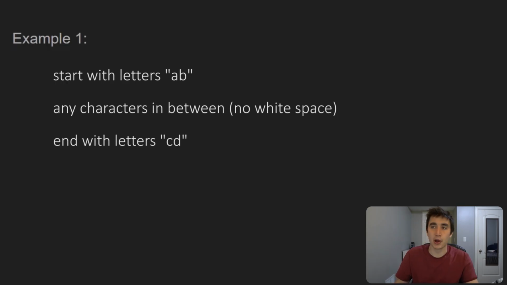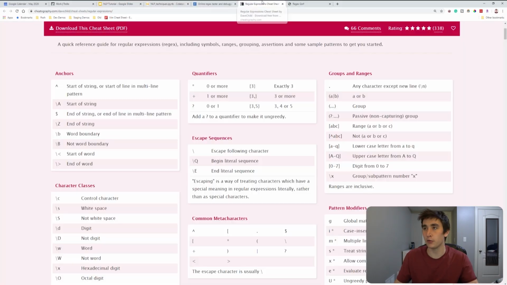Whenever I'm working on a regex, I usually start by looking at a regex cheat sheet to remind myself of what we can do. I'll link this in the GitHub page for this tutorial. A page like this has all sorts of useful tidbits. Ultimately, what we want is exactly AB, which is going to be a group, followed by any number of characters.